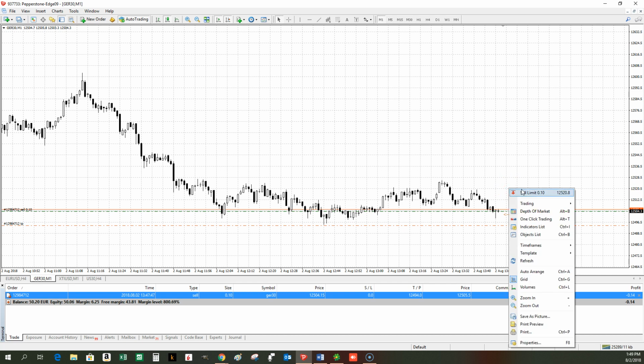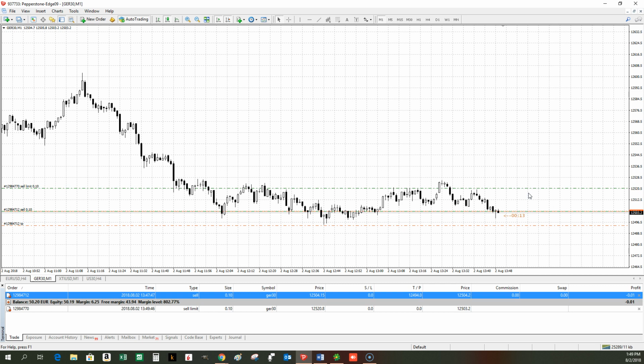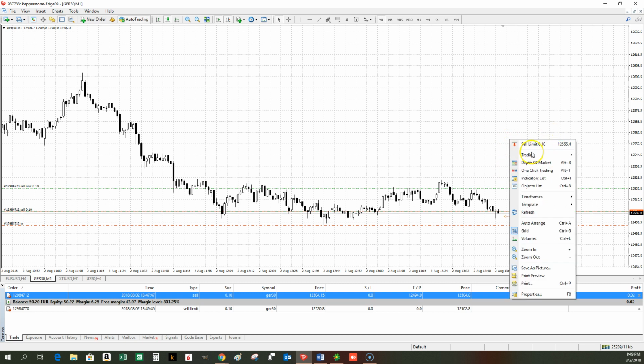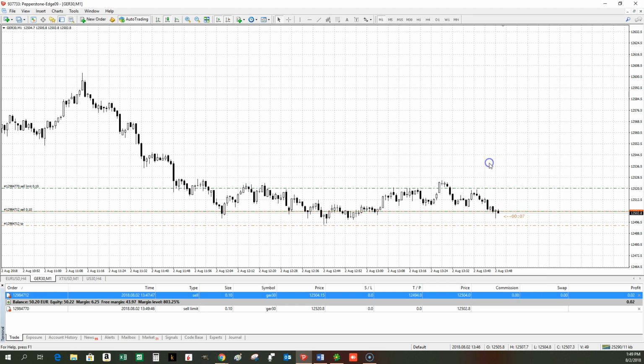If you want, you can even open a sell limit position. You see I clicked on the right sell limit position, and I placed what we call a pending order.